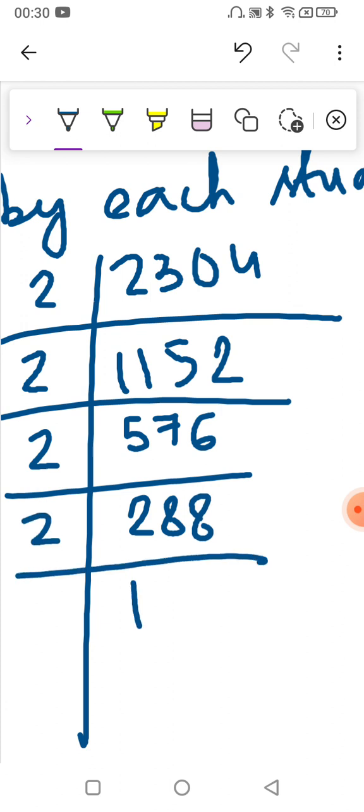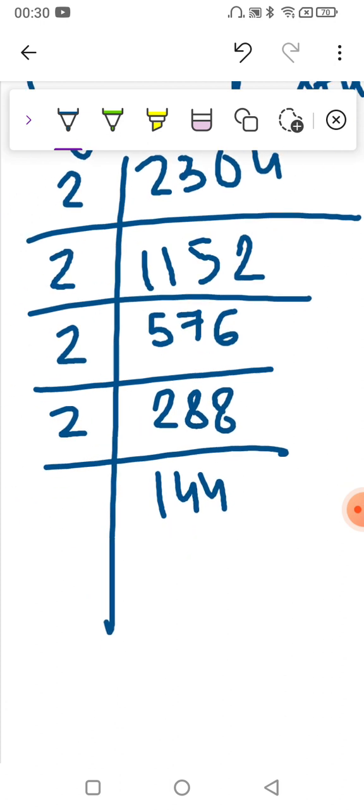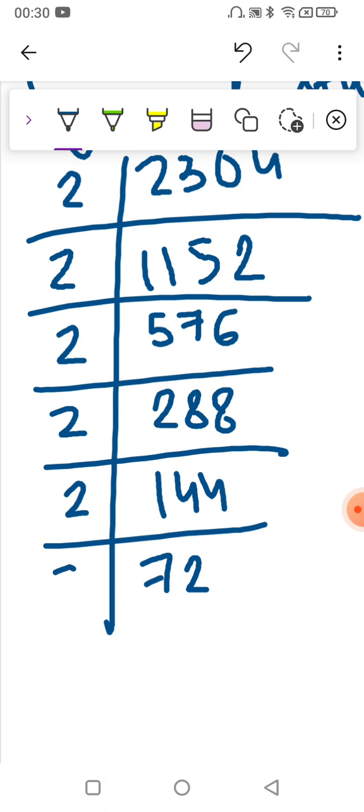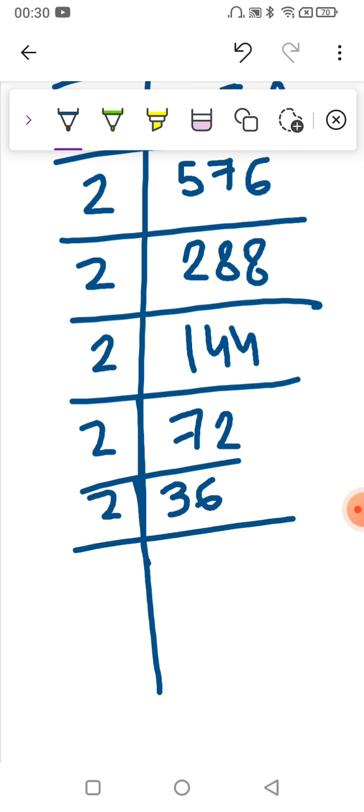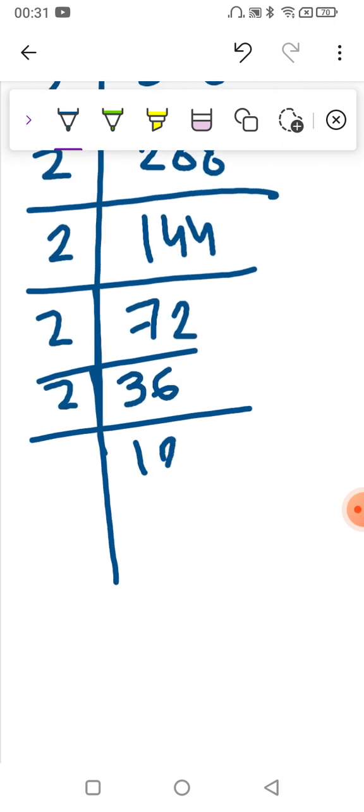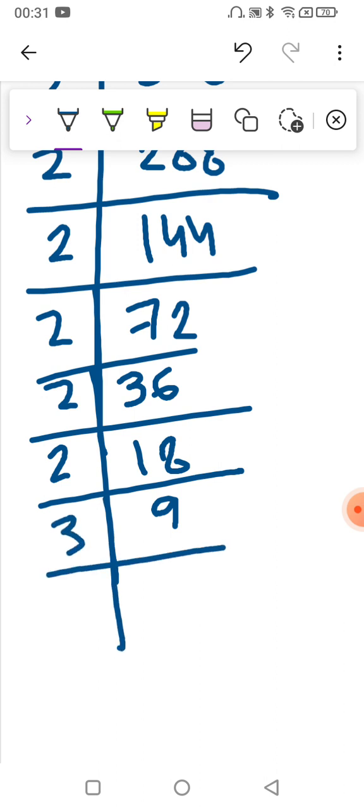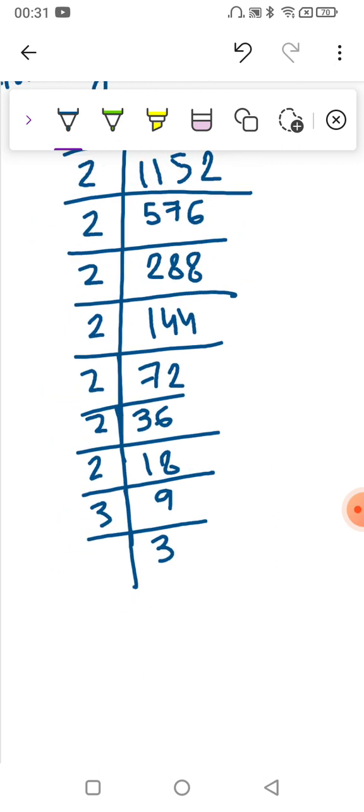Again with 2, 144. Again with 2, 72. Again with 2, 36. Again with 2, 18. Again with 2, 9. And finally 9 is square of 3. So that is where it terminates.